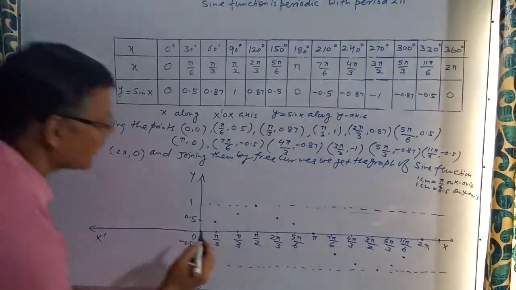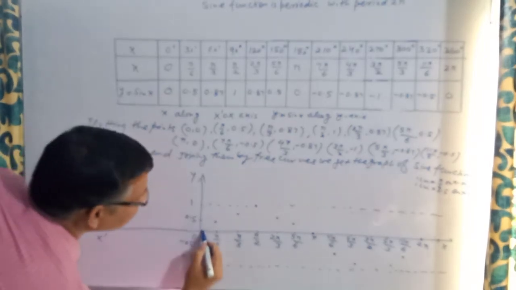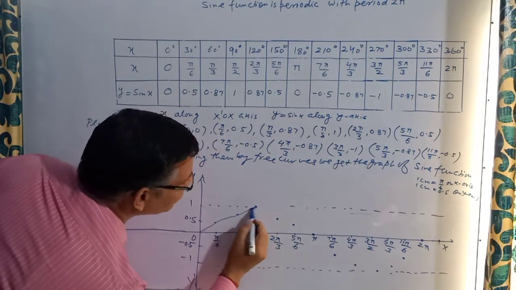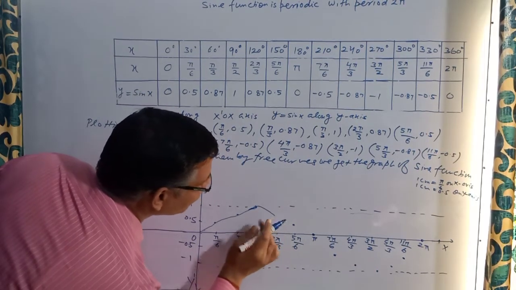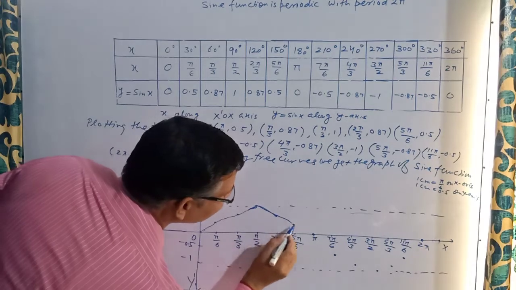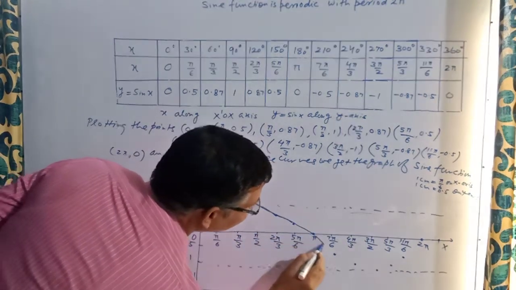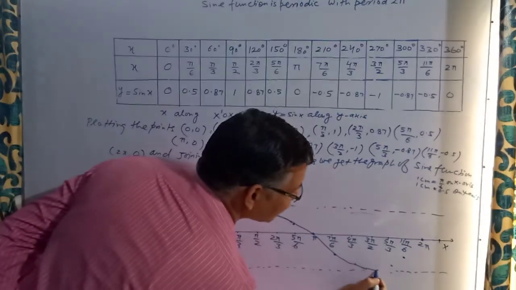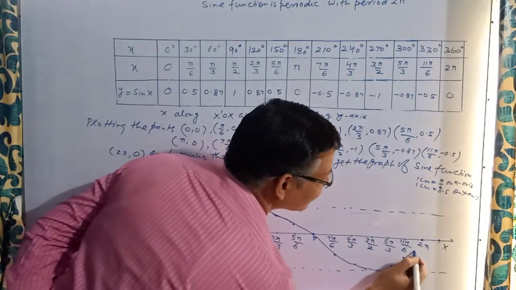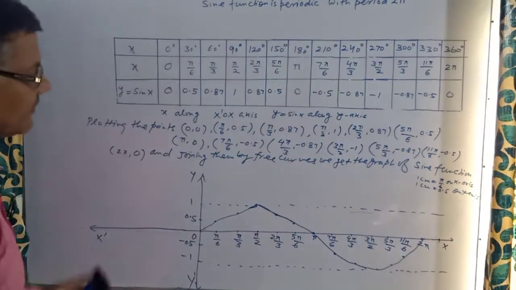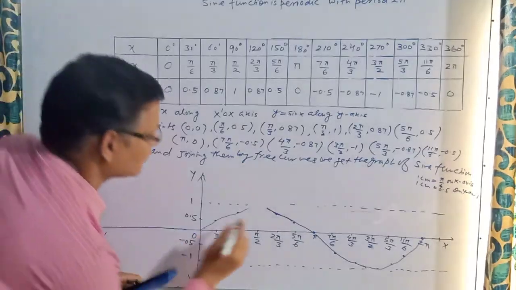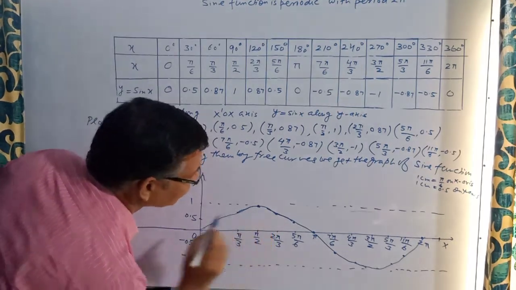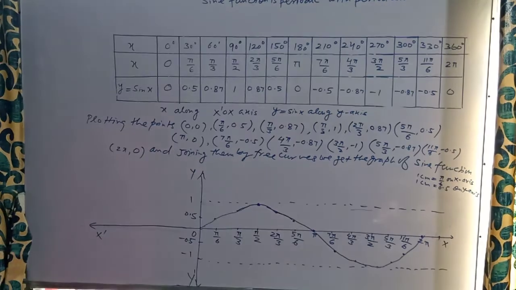Now we are going to join them freehand. So we join this 0 to this point, it is the maximum value, then it goes down, like this, it is minimum at this point, then this is the graph of sine function.